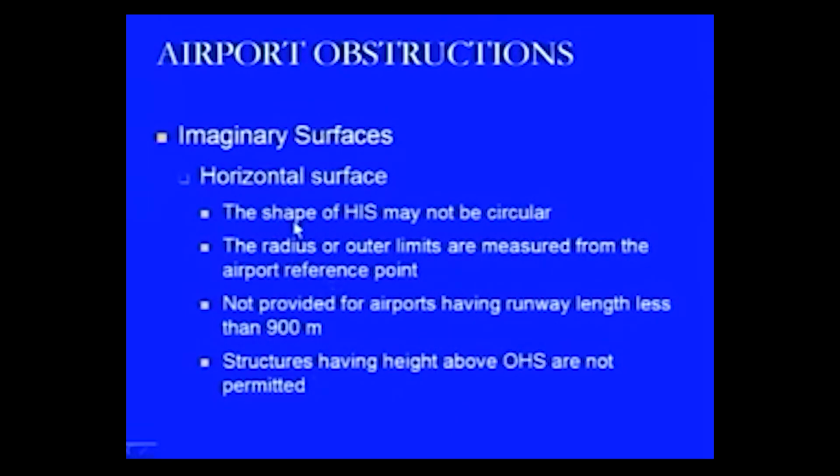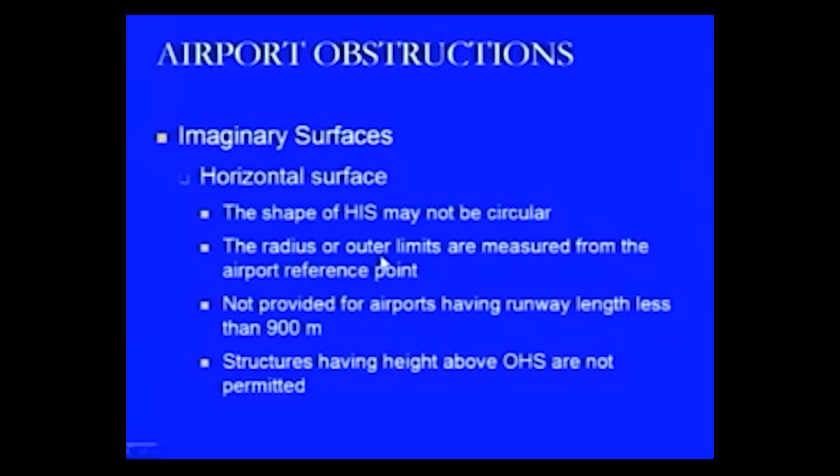Then in the case of the same horizontal surfaces, the shape of this horizontal imaginary surface, that is HIS, may or may not be circular, because it is a transition between the trapezoid shape provided by the climb up surface or by the approach surface and the conical surface.